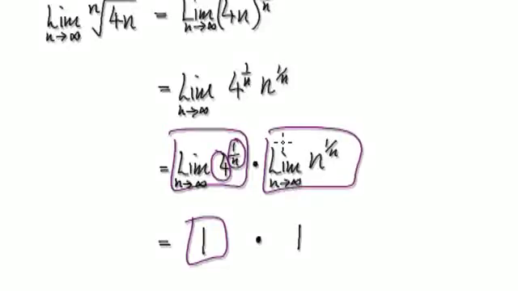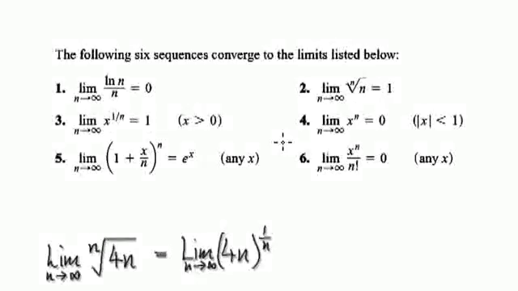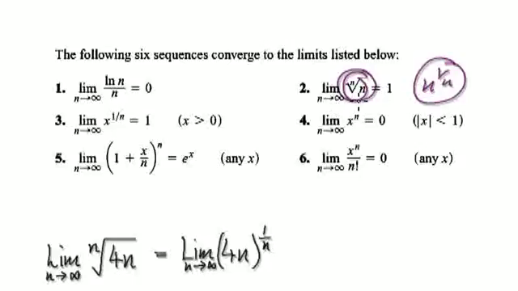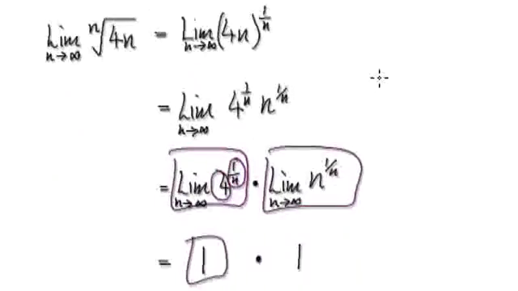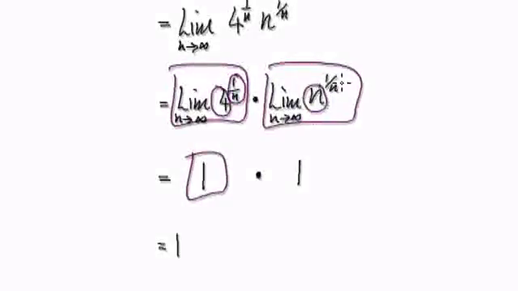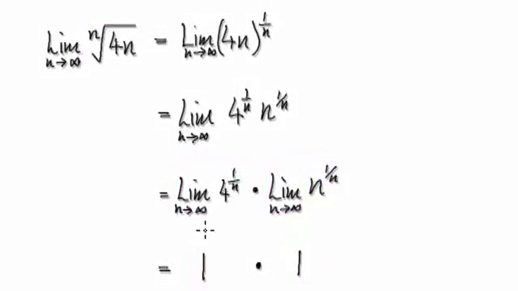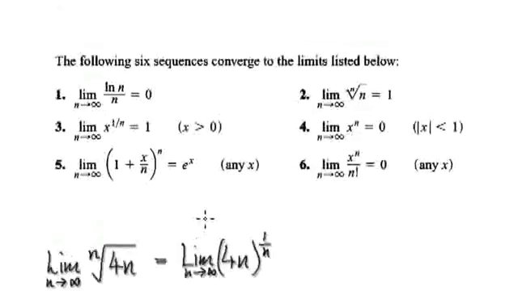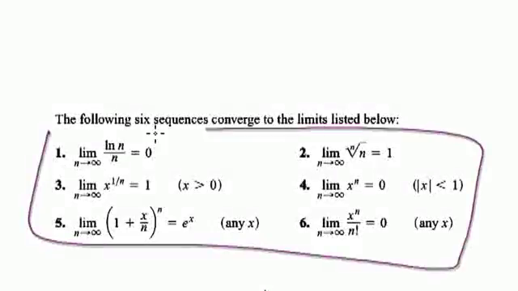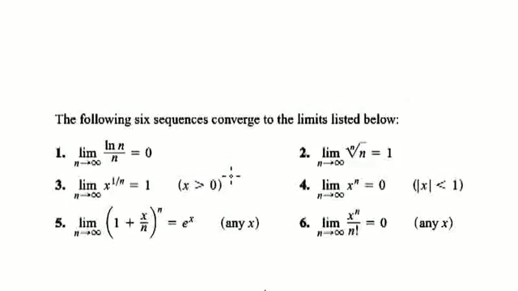And then this one here, make use of number 2. If you look at number 2, the nth root of n is 1. So the nth root of the nth root of n here will give you 1. So it's really 1 times 1. So this limit here will be 1. Okay. So it's really you making use of these to work out the limit of complicated sequences.